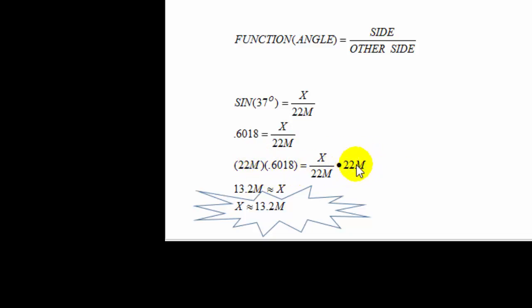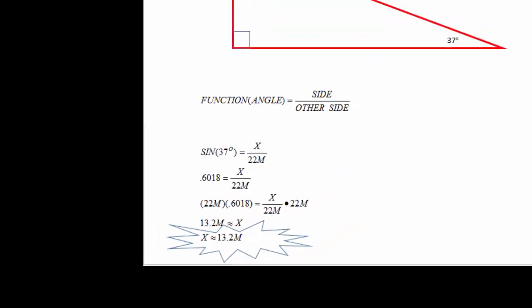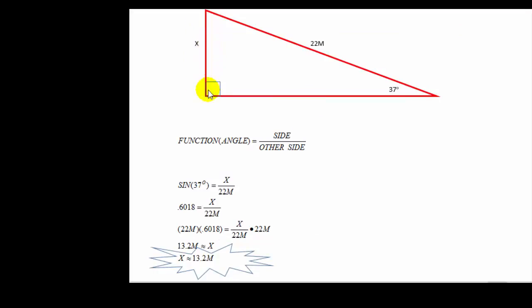On the right side, the 22 meters in the numerator divided by the 22 meters in the denominator equals 1. 1 times x is x. On the left side, 22 meters times 0.6018 is approximately 13.2 meters because the direction said to round to the nearest tenth. So the length of this side right here, x, is 13.2 meters. It's that simple.